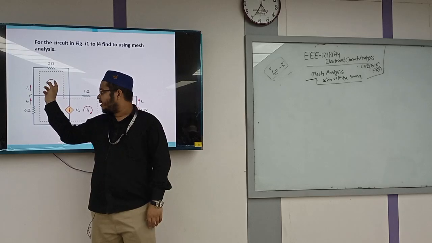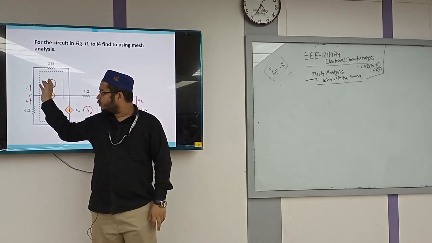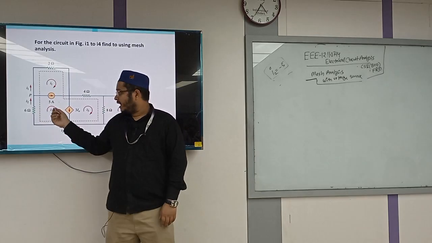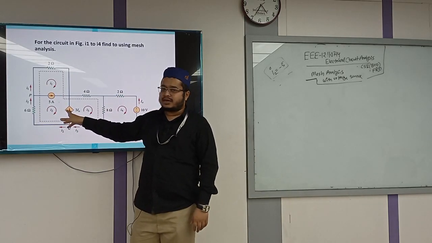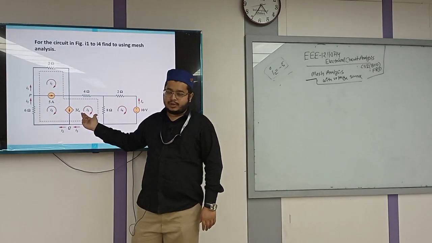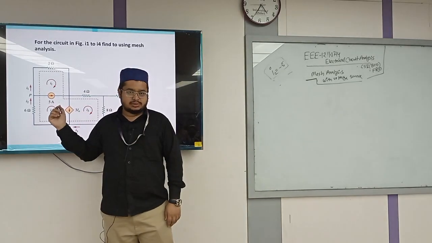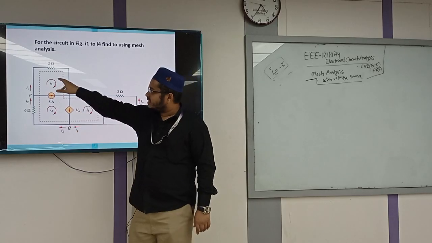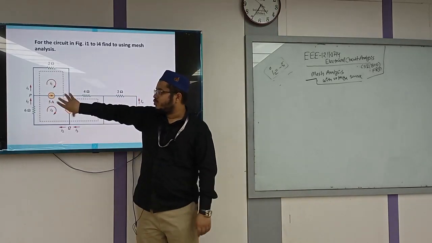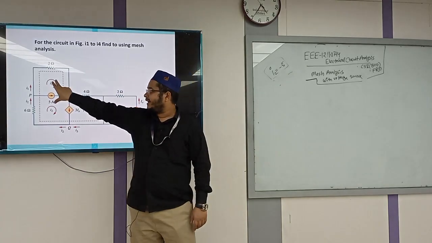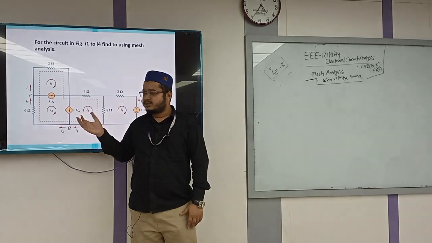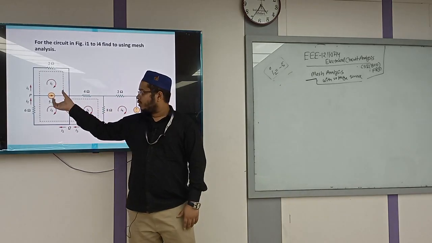And if you see another current source is connected between these meshes, there will be another super mesh. So these three meshes will form two super meshes.